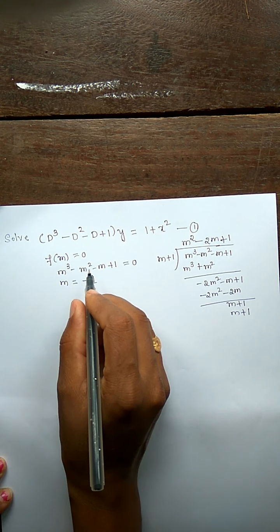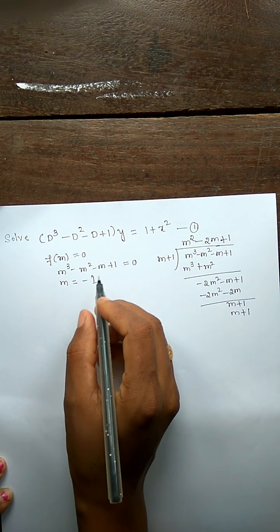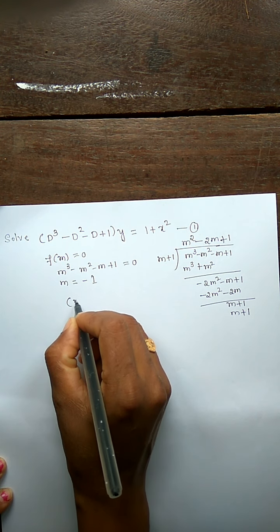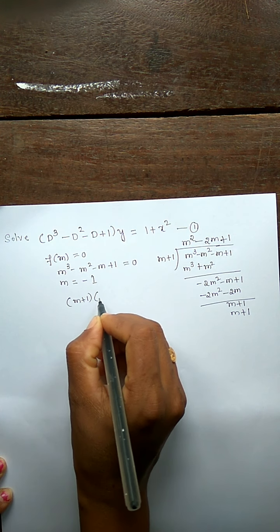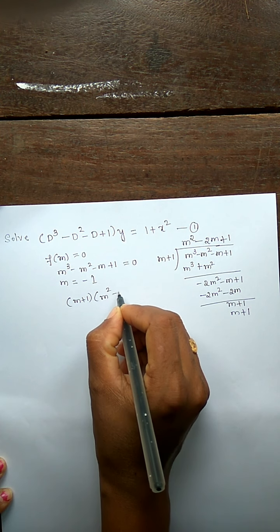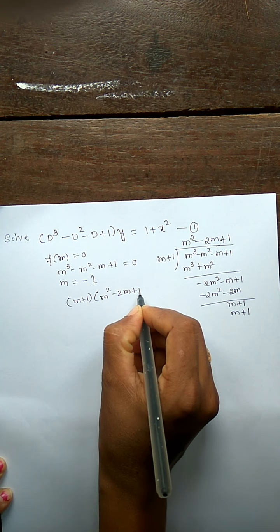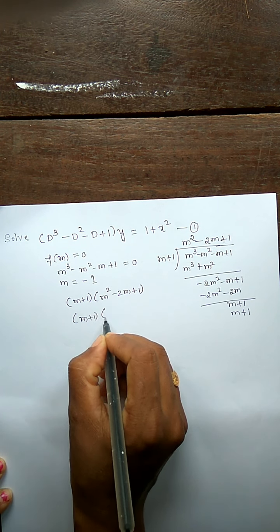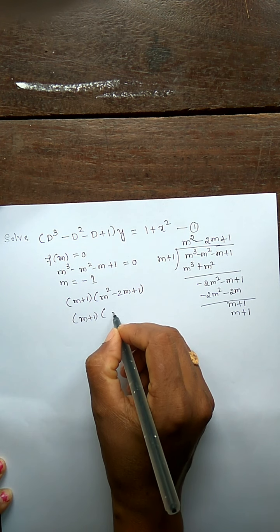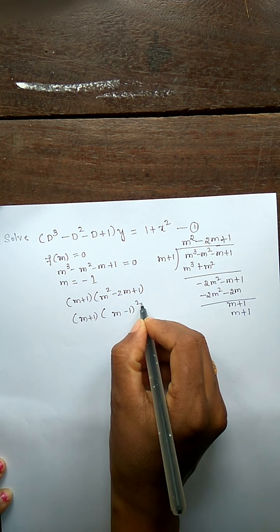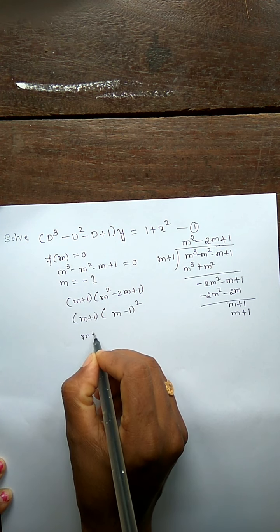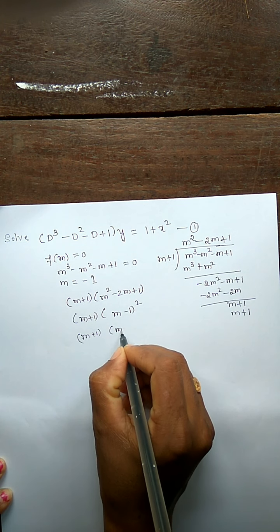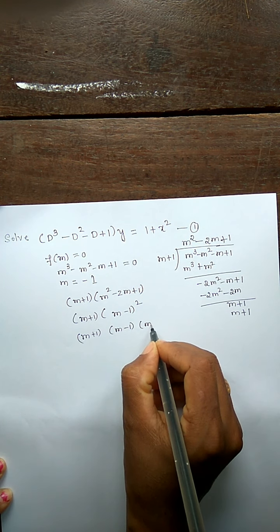Therefore m cube minus m square minus m plus 1 equal to 0 can be written as (m plus 1) into (m square minus 2m plus 1). Further, this is (m plus 1) into (m minus 1) square. So m plus 1, m minus 1 and m minus 1.